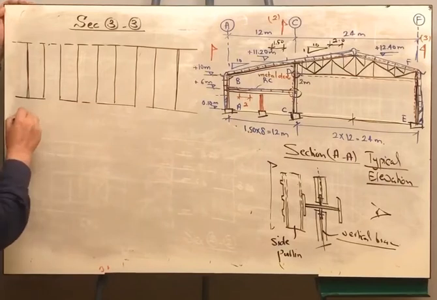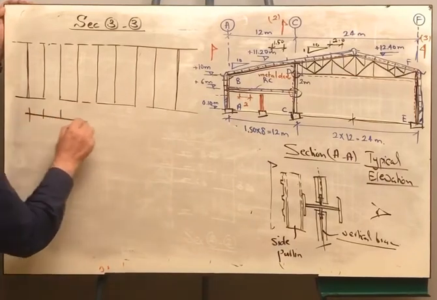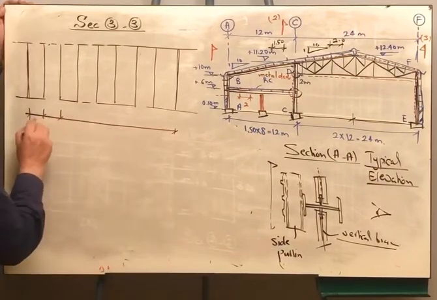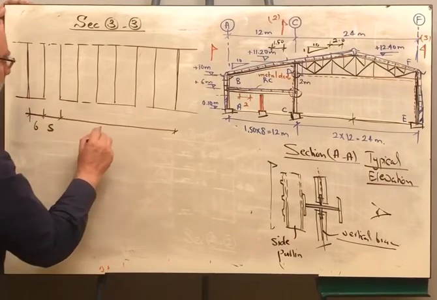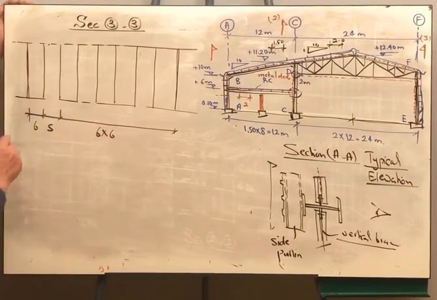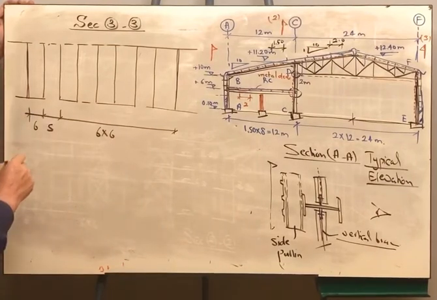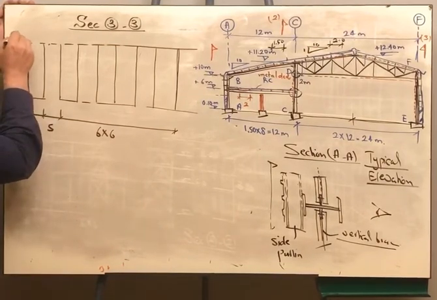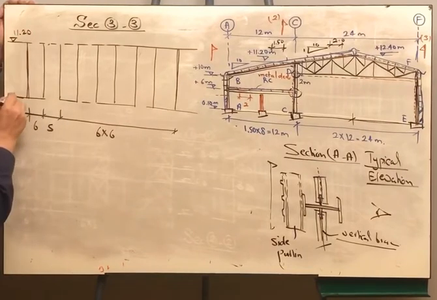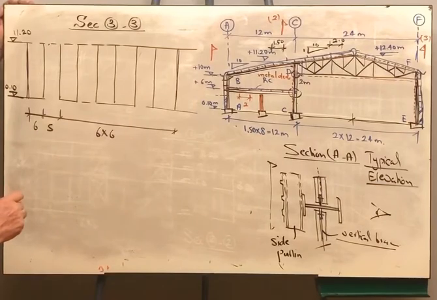Again, they are spaced at, this is 6 meters and 5 meters, and this is 6 by 6. We are having the levels here. This is 11.2, and this is 0.1, okay?